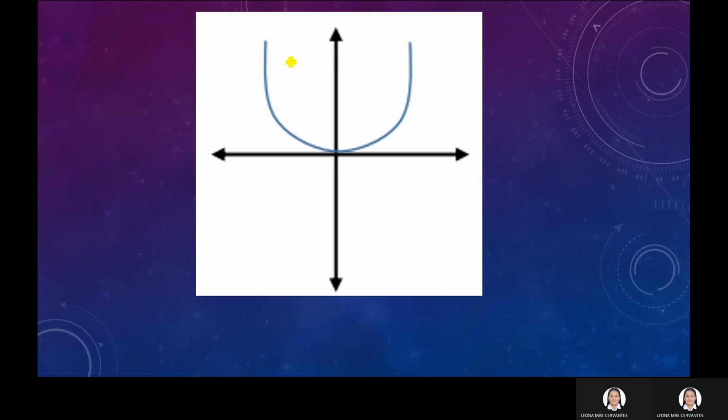Okay, so when we draw a vertical line here, the vertical line will pass one point in this graph. So this is considered as function.